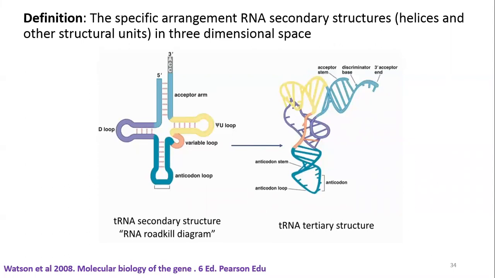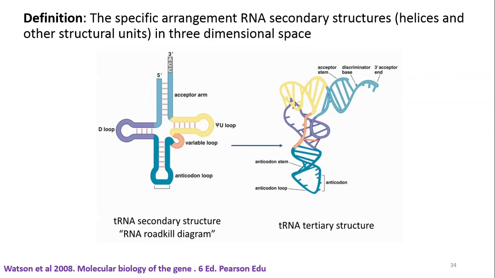So the figure that you see over here on the left hand side is the tRNA secondary structure, or what we call the RNA roadkill diagram. Why do we call it a roadkill diagram? Because this is how the RNA would appear if you place it under any vehicle on the road.